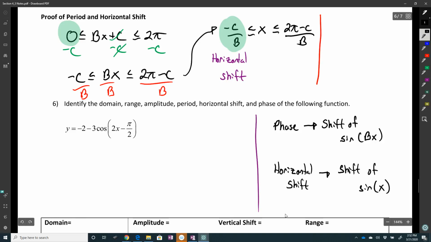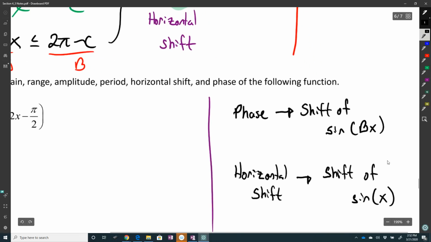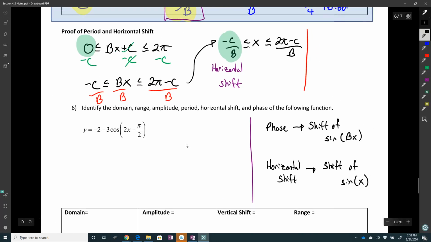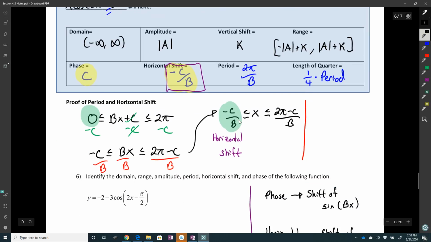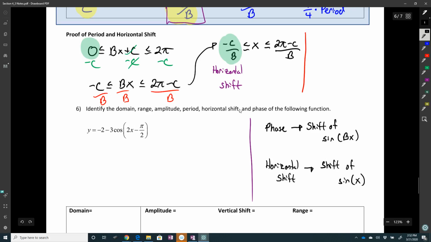And that's it. That's all that we're doing. The phase is how much does sine of bx move, whereas the horizontal shift is how much does sine of x move. Now, when you're looking at the graph, the phase is just c, whereas the horizontal shift is negative c over b. Anyway, sorry for being confusing.